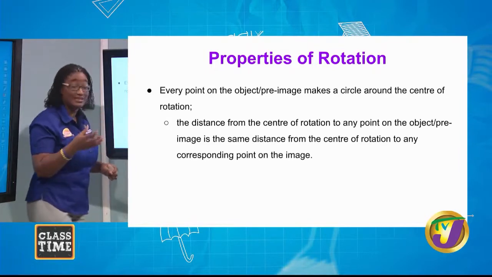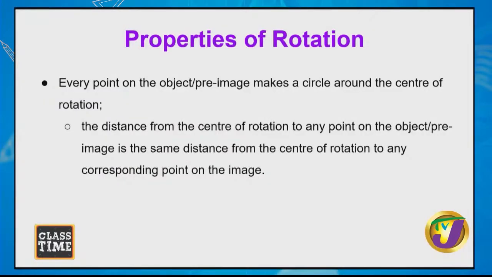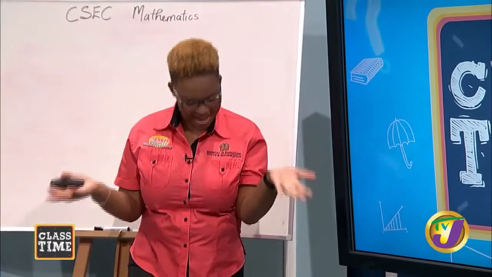That distance is the same as the distance from the center of rotation to the corresponding point on the image. In this case, A prime, based on the one we did. And then we would have said that's because there are two radii.